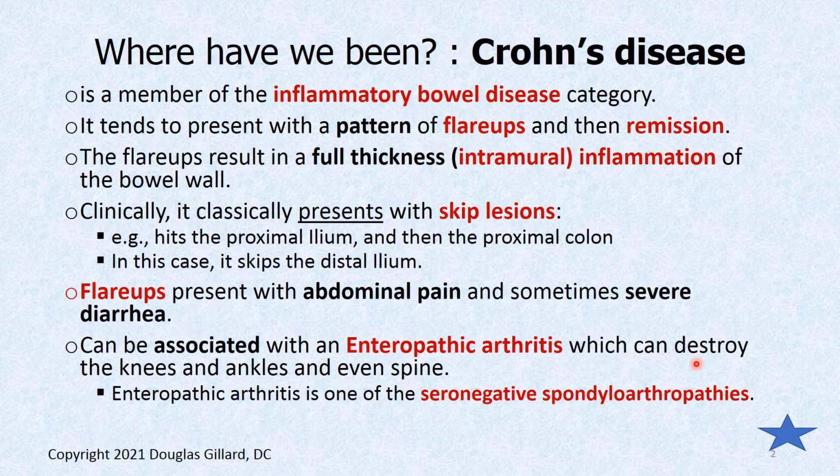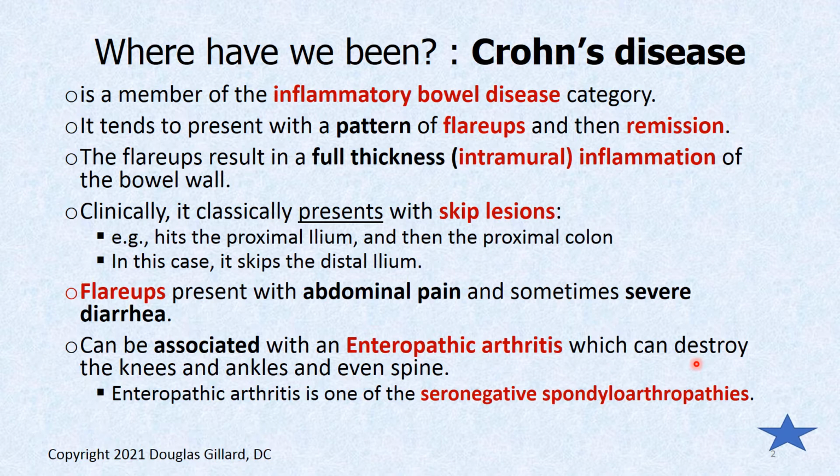The symptoms of the flare-up, we said, are typically severe abdominal pain with diarrhea. Not so much bleeding. Ulcerative colitis, as we'll learn, is more associated with rectal bleeding.